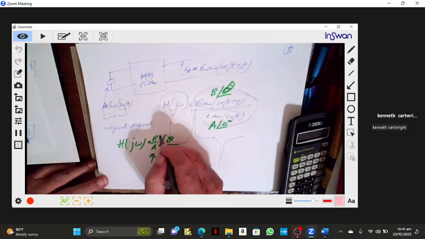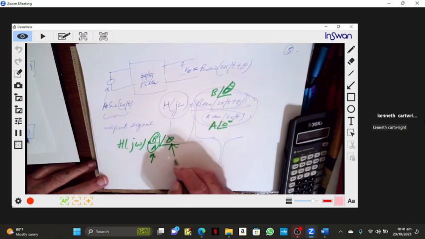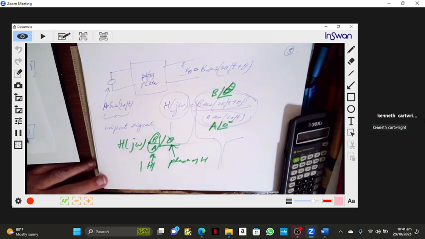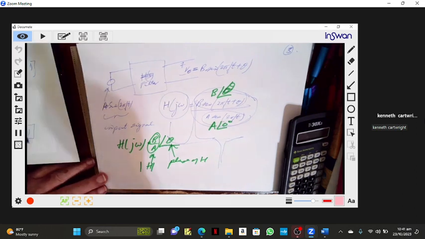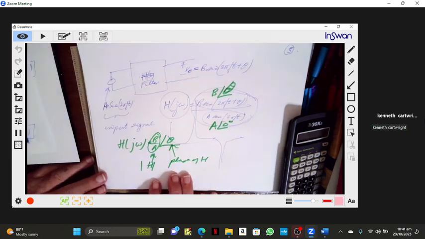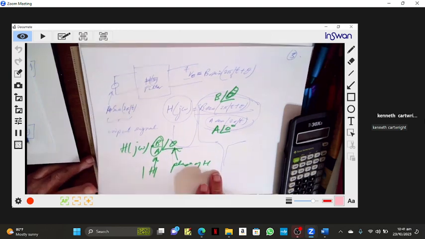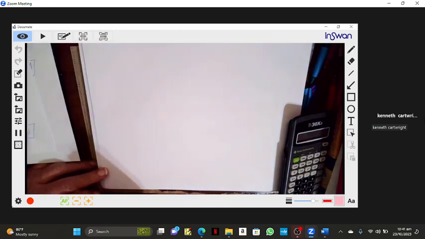So here's the magnitude of H, and here's the phase of H. Even though you're in the lab measuring time domain waveforms, you're not using the time domain waveforms. You're converting those time domain waveforms into phasors. That's a lab situation.